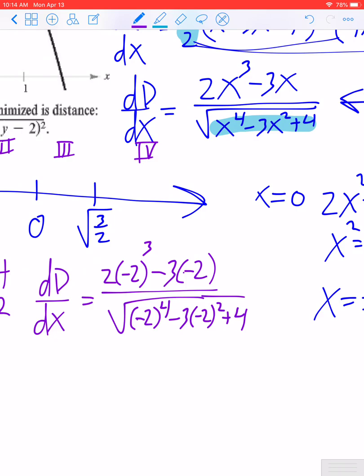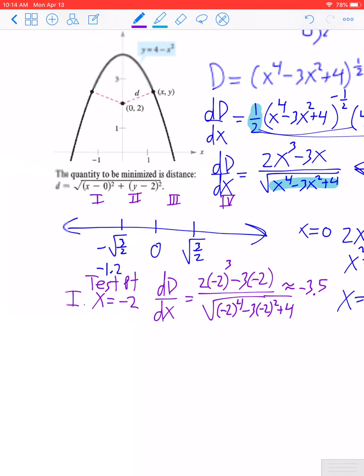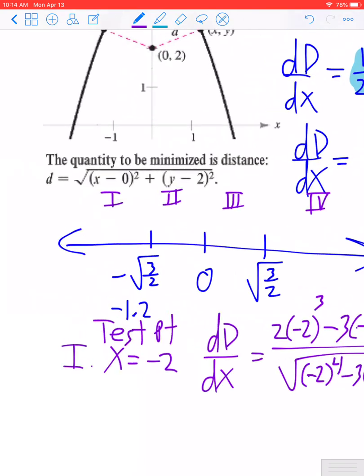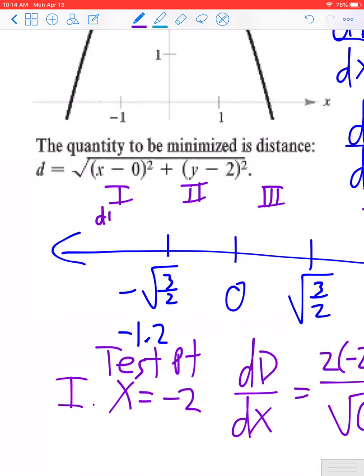So when I work it out, I get approximately negative 3.5, which is going to be negative. So in region 1, dy/dx is less than 0, which means there the function is going to be decreasing.